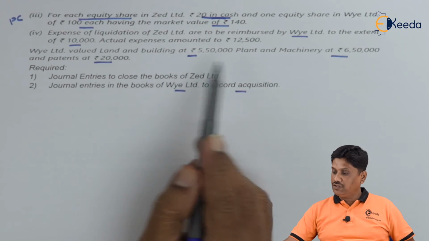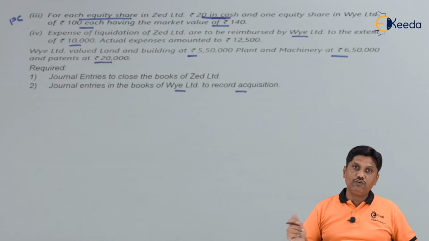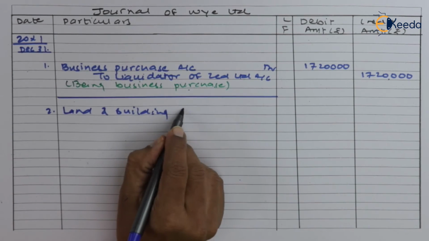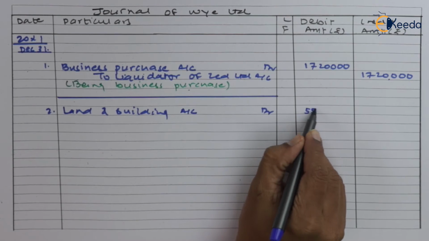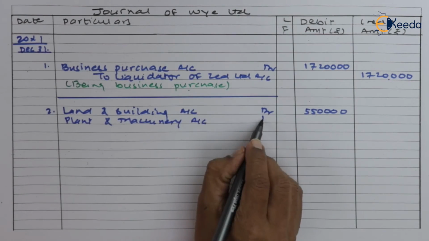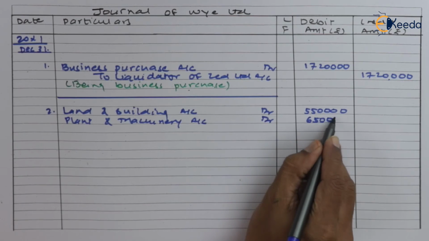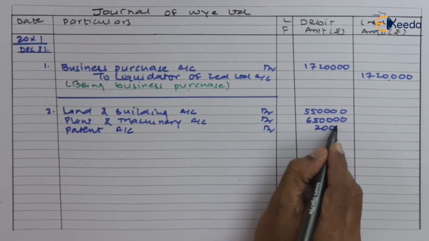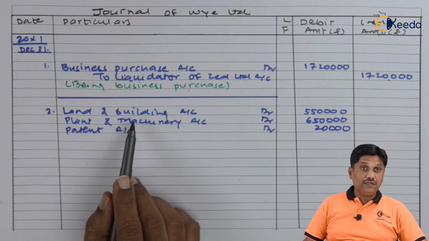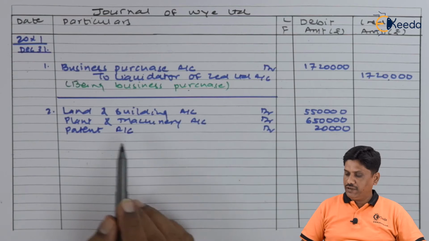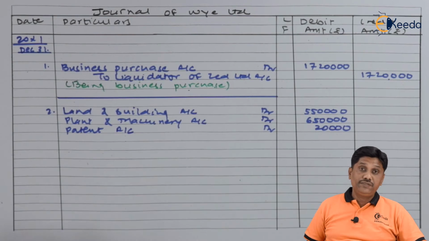So I will record all these assets debit first and then I will go back to the balance sheet again. Friends, I debited 3 assets whose revised values are given: land and building account debit, plant and machinery account debit, patent account debit. Besides that, I have to take all other assets at their book values.